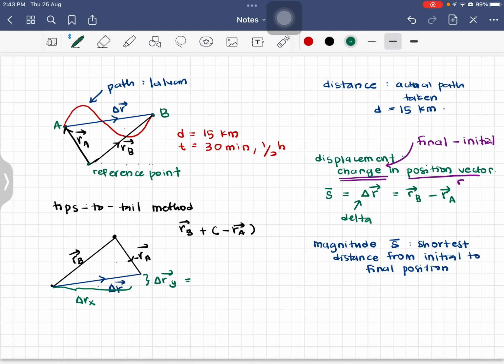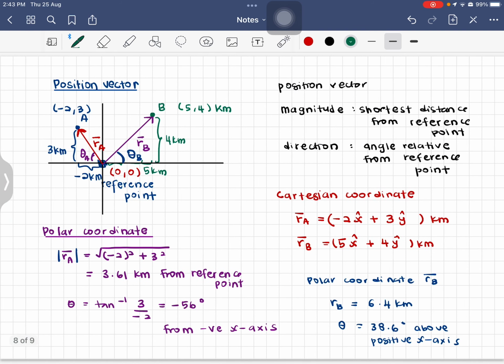So delta RY comes from RBY minus RAY. Delta RX comes from RBX minus RAX. Looking at this coordinate, for A, RAX is negative 2, RAY is negative 3. For B, RBX is negative 5 and RBY is 4.